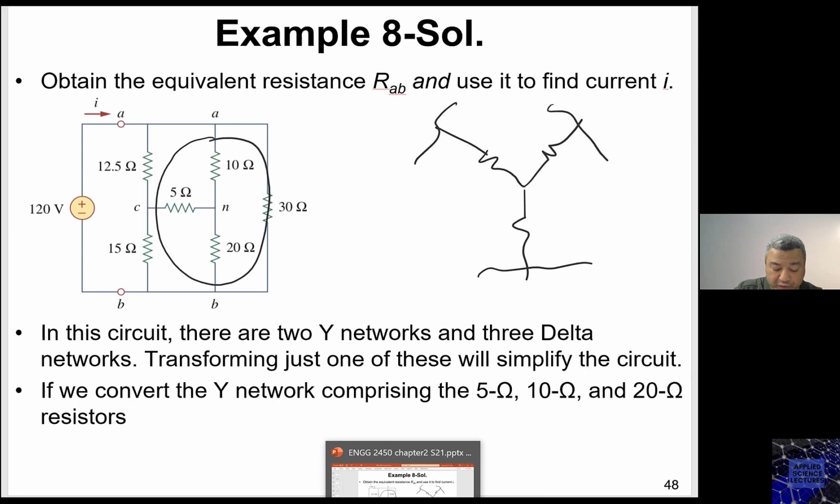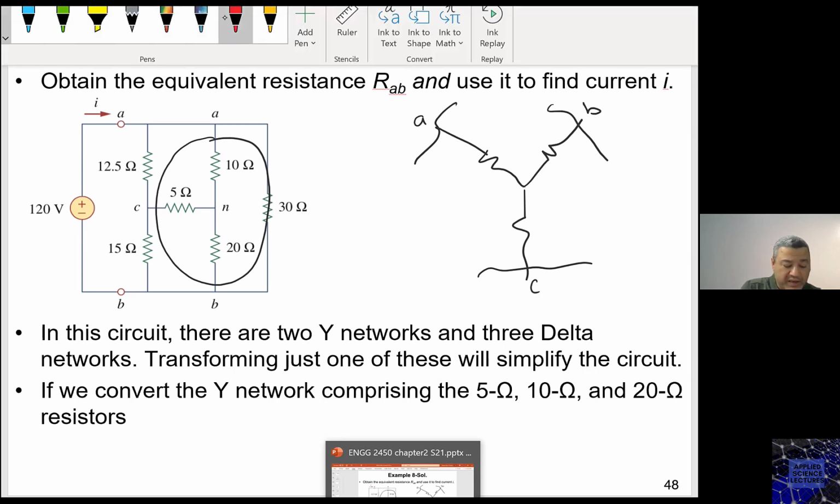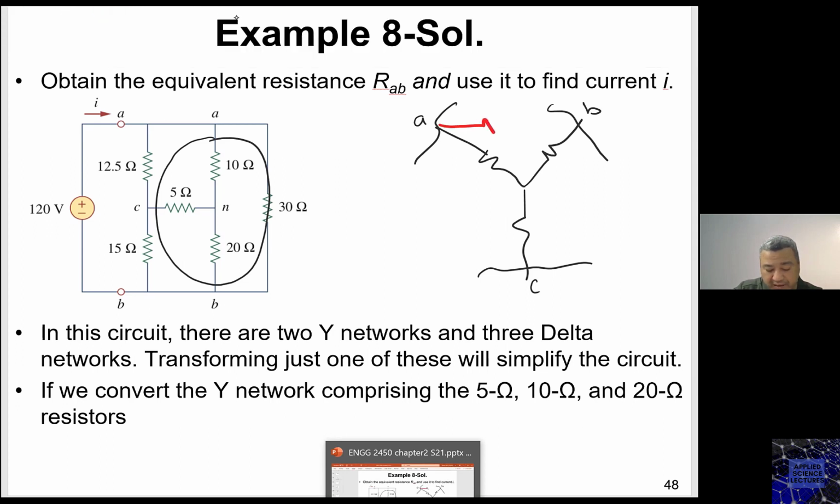So if you imagine that you cut it from those points A, B, and C, what you're doing is only replacing those ones with a delta at the same points. Okay. So this is still connected to the same circuitry.